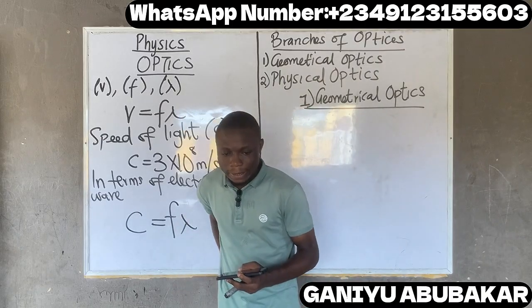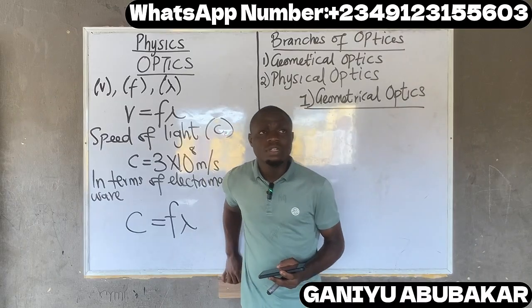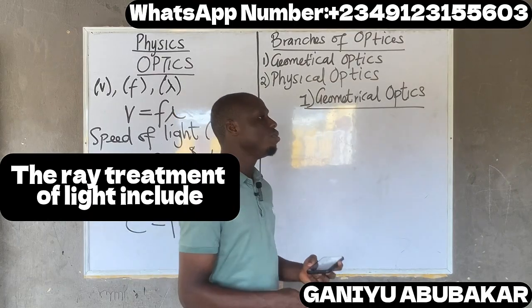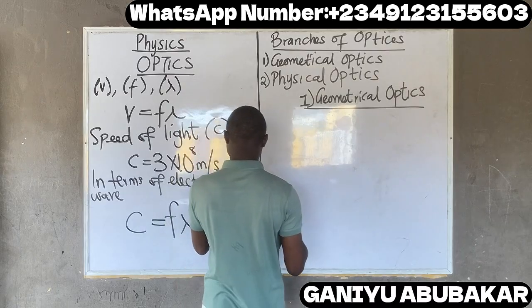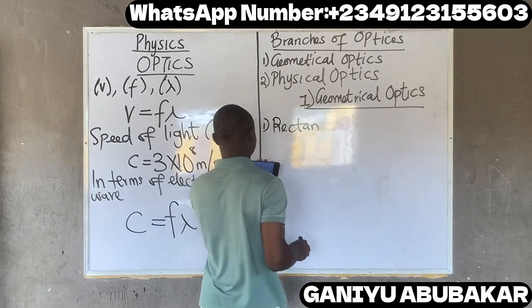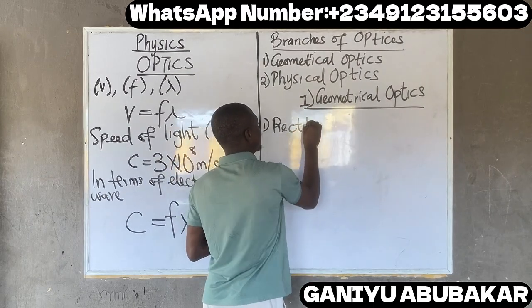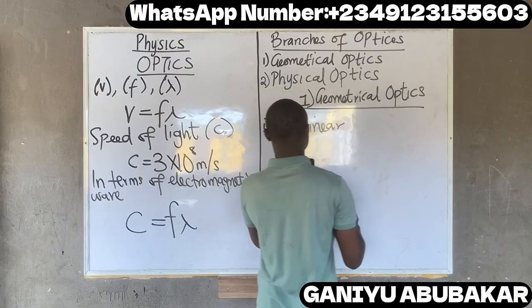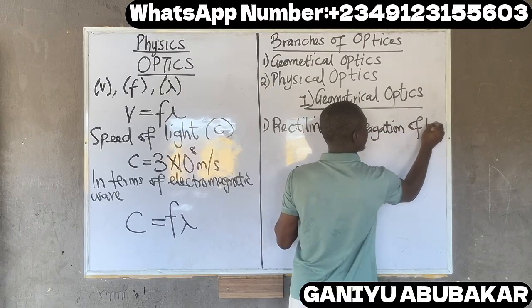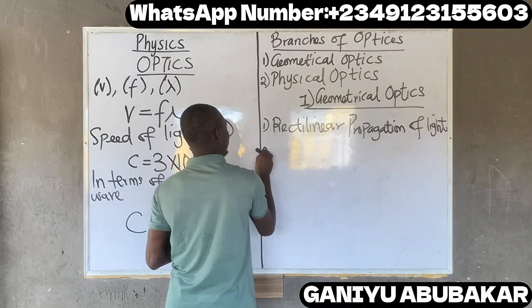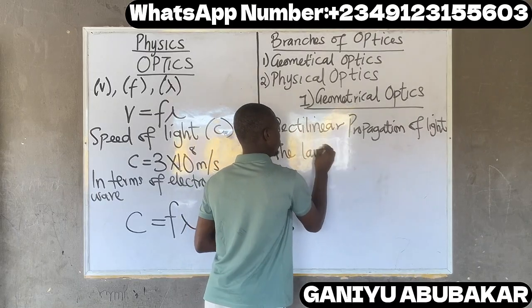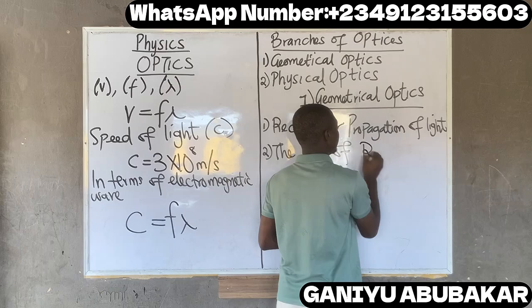Put this down, please. Copy down. The ray treatment of light includes: number one, rectilinear propagation of light. Number two, the laws of reflection.